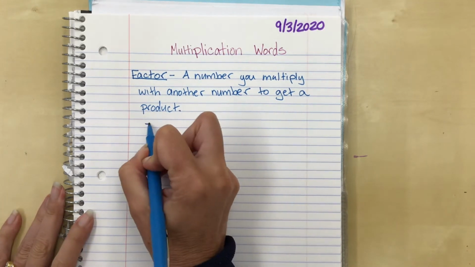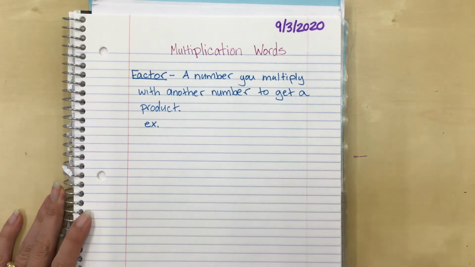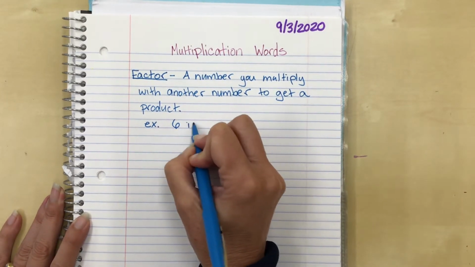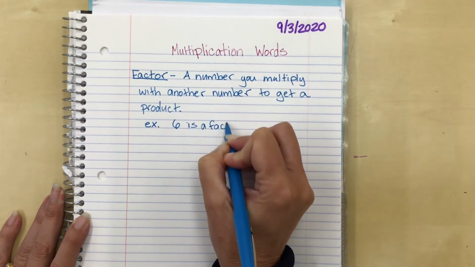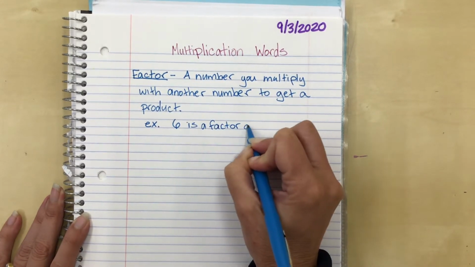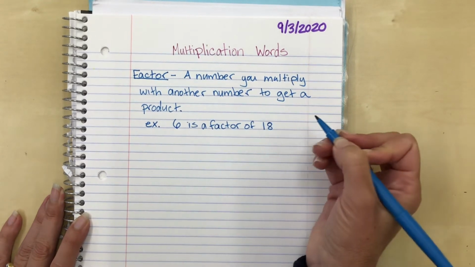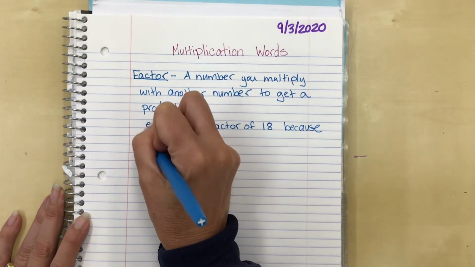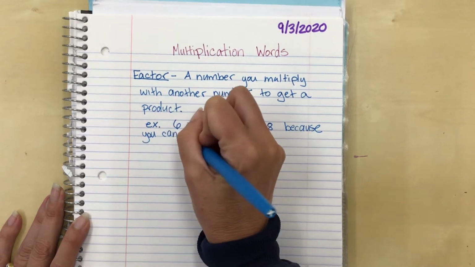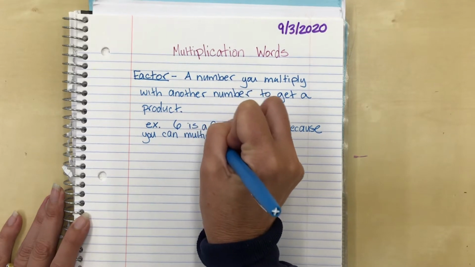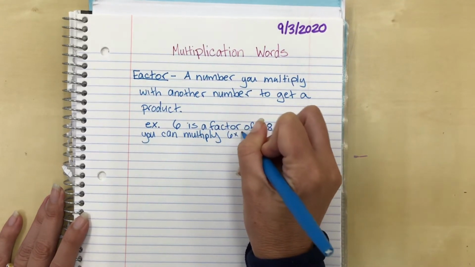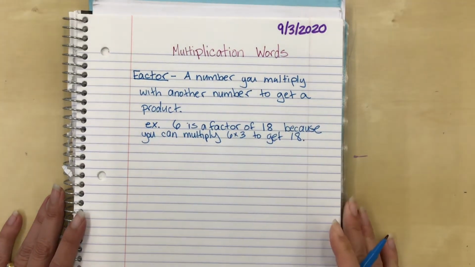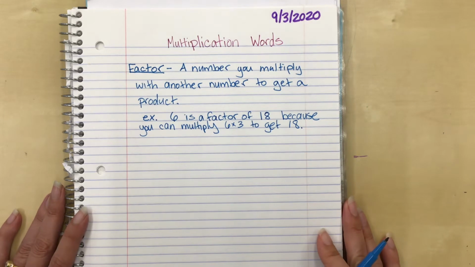So let's do that. I write EX period as an abbreviation for example. 6 is a factor of 18 because you can multiply 6 times 3 to get 18. Okay, that's what a factor is.